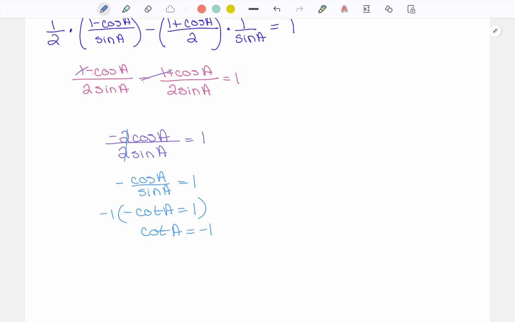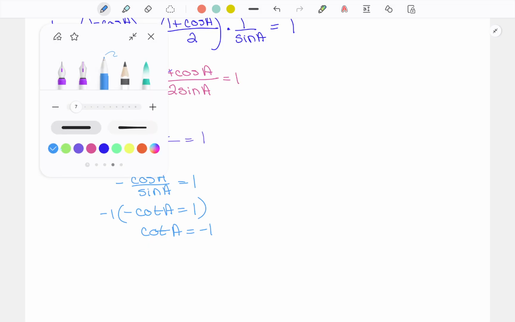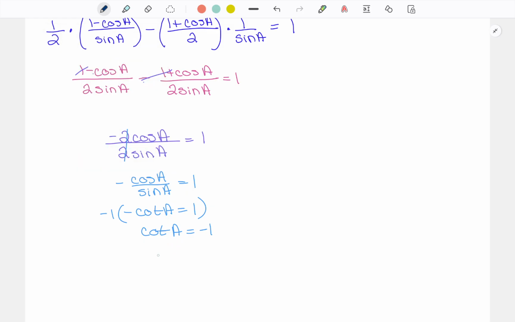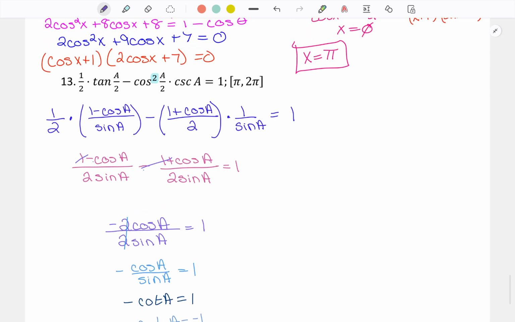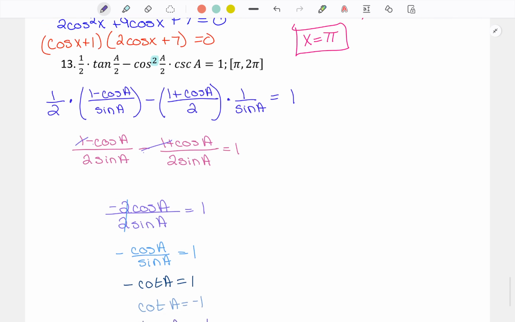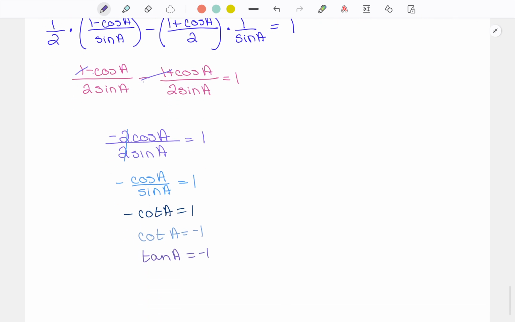So go ahead and use the reciprocal of that, and that is going to be tangent of A equals -1. So any place between pi and 2 pi, so we're looking in quadrants 3 and 4, where tangent is -1, and that gives us A equals 7 pi over 4.